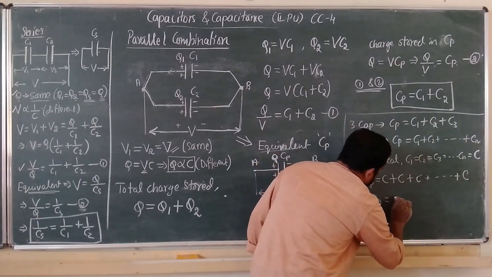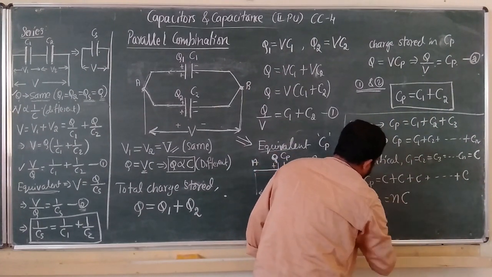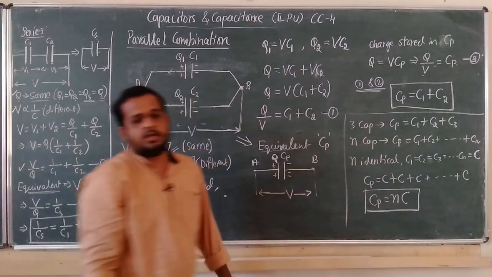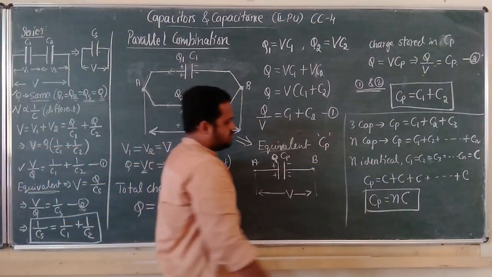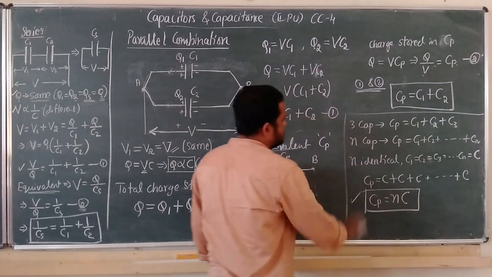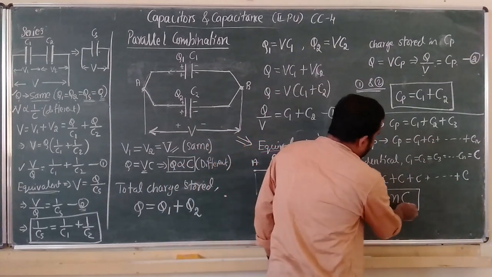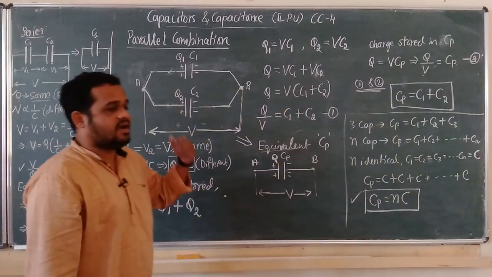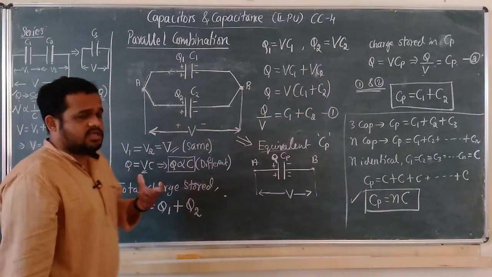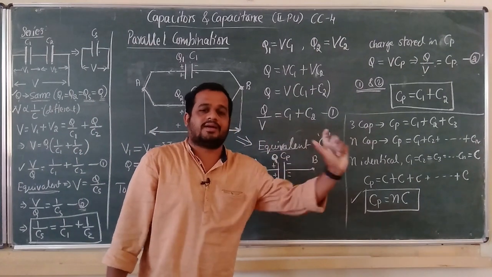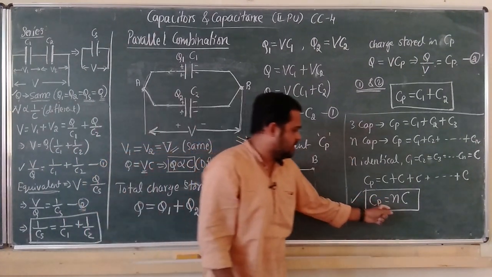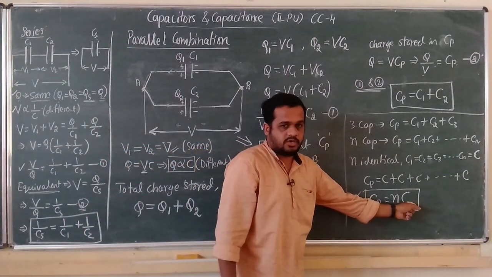So CP is equal to n times C. This equation is required for competitive exams; it is not included in the theory syllabus. CP is equal to n into C, that is, when n identical capacitors of the same value are connected in parallel, the effective capacitance is n into C.